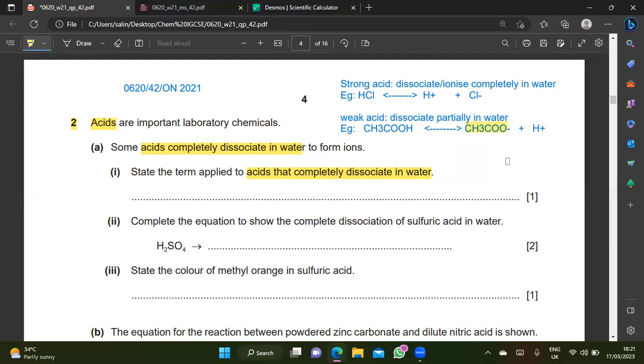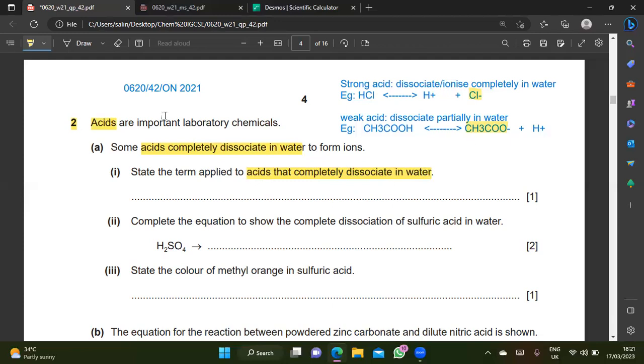So this is one of the meanings of dissociate partially. Whereas your HCl dissociates completely. It separates into the simplest components. So that is one meaning. I'm not saying this is the only meaning of dissociate completely and dissociate partially.